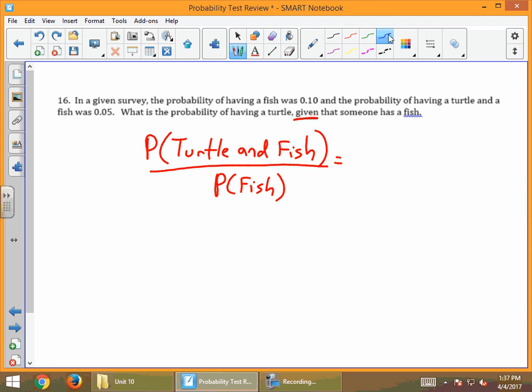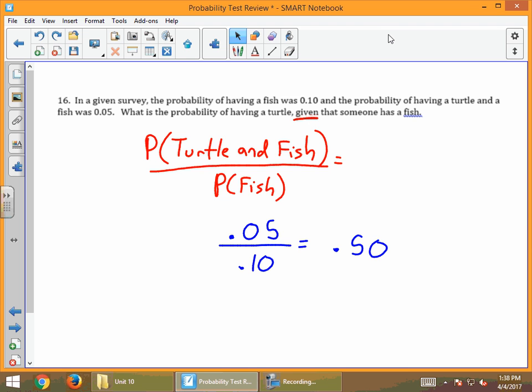Look up here. 0.05. Over what's the probability of having a fish? Like that. Reduce that out, and you will see the probability of having a turtle given you have a fish. What is 0.05 over 0.10? 50%. That's the probability of having a turtle given you have a fish.